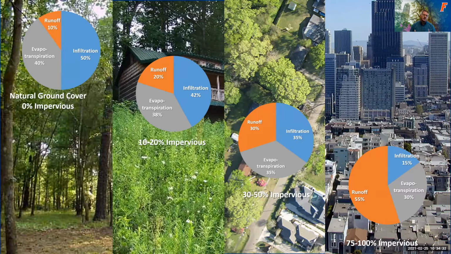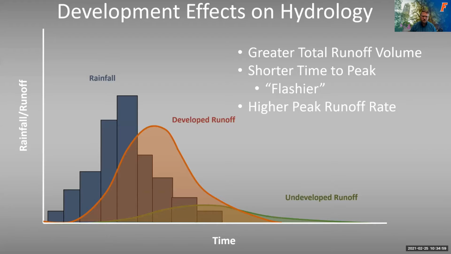When we think about the transition from natural ground cover to residential, 30 to 50% imperviousness, it might seem like we only have 20% more water going to runoff. That's 10 to 30%. But really, that's 3 times the amount of water going off that landscape and into the receiving bodies, streams, lakes, estuaries, and so forth.